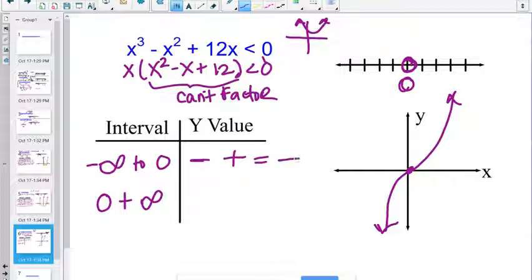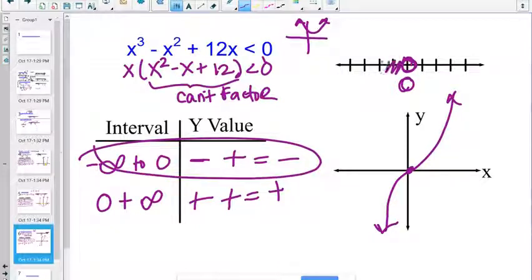When I multiply those, I get negative. And if I pick a positive number, let's say positive 10, I get positive, and then again I get 100 minus 10 plus 12, another positive number. Okay, so the only place here that matters is at 0, and I want to know when it's less than, so that's this, and I'm going to color this way.